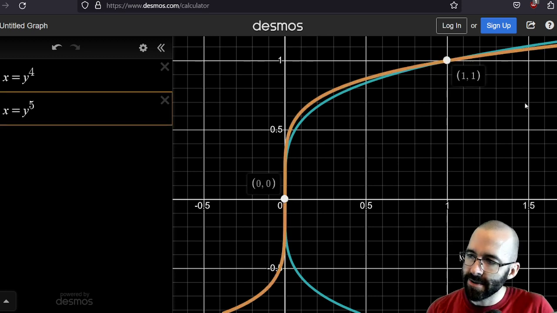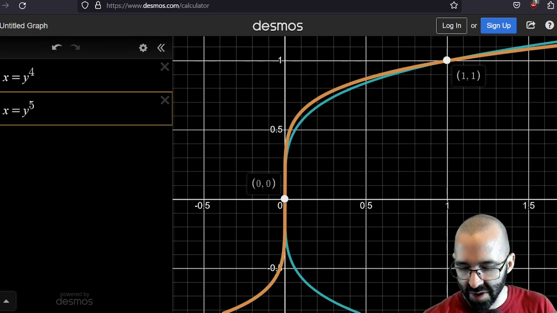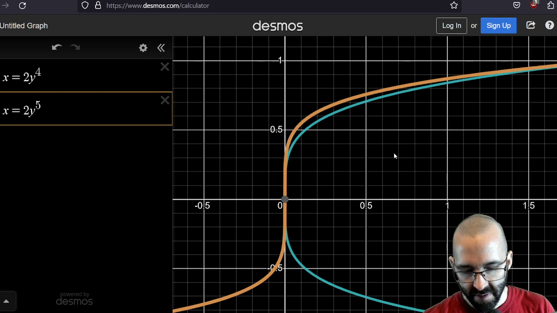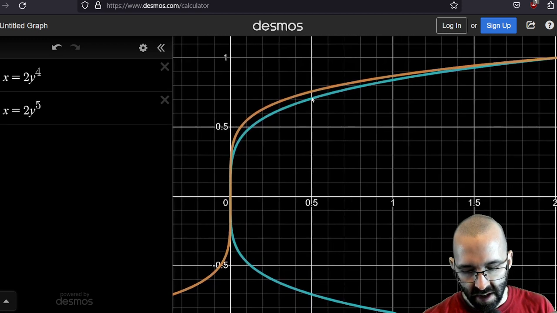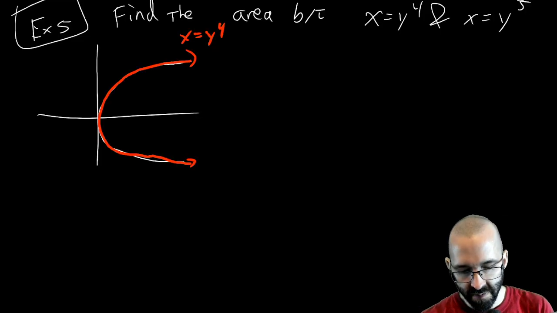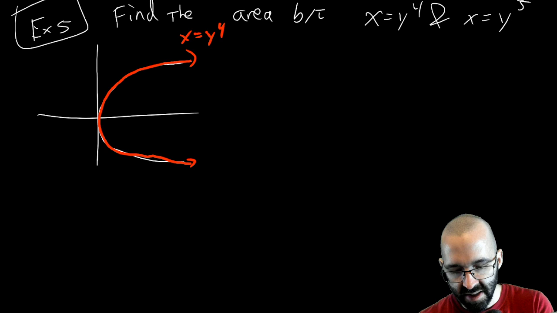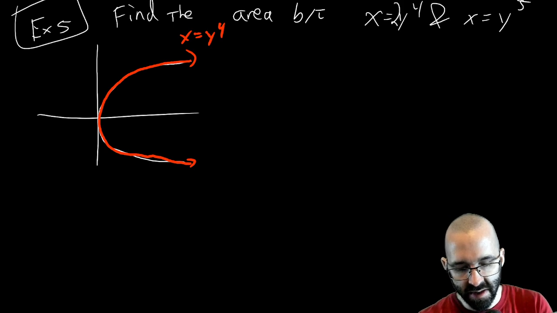And let's change the problem because I want to show something very important. Okay. Let's change the problem to have 2's in front of these functions, because it shows off a very important distinction.